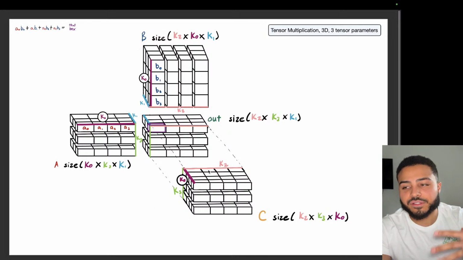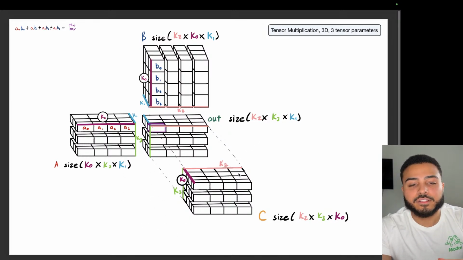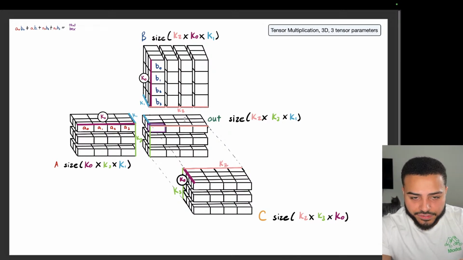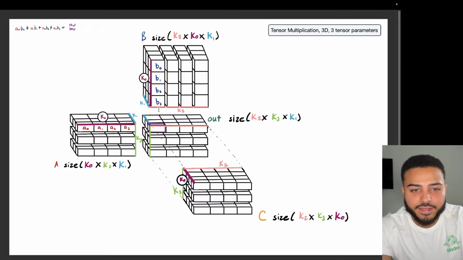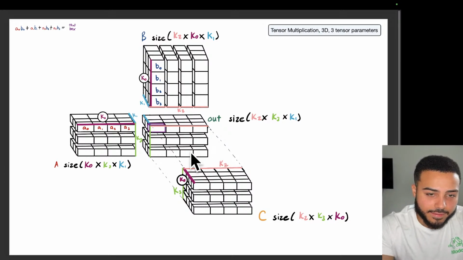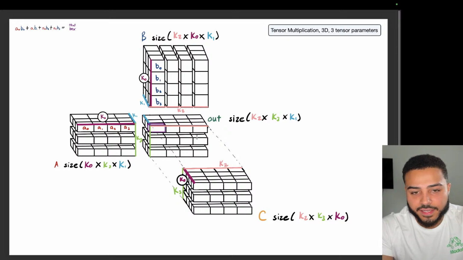You have several layers of this type of thing. So it's like this activation on this thing, and then this goes in as the input to the next layer, and then you do your matrix multiply, and then activation on this thing, something like that.